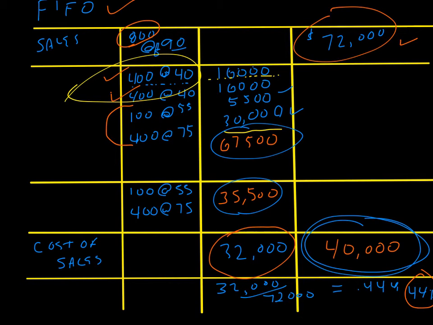So I would intuitively say that FIFO should give us a better number right down here with our total gross profit. Should look a lot better in this area. All right, let's do our next LIFO example and see what happens.